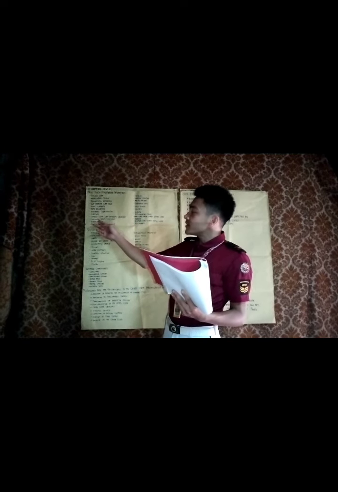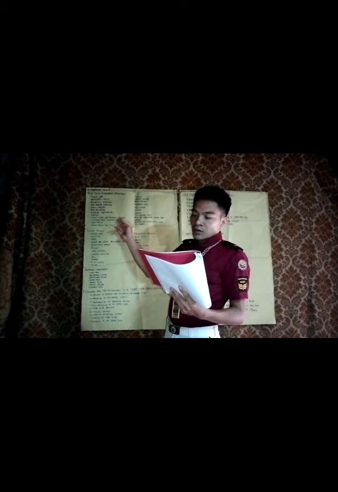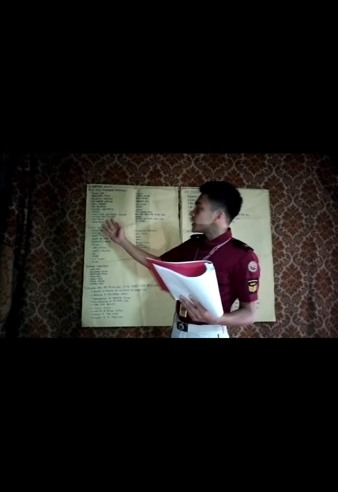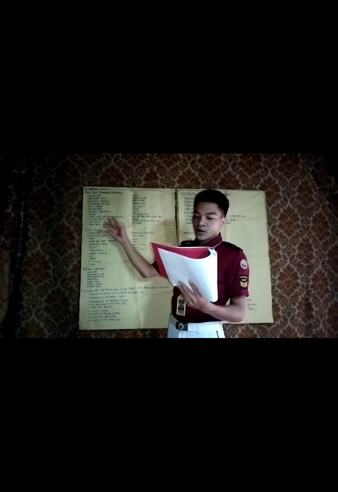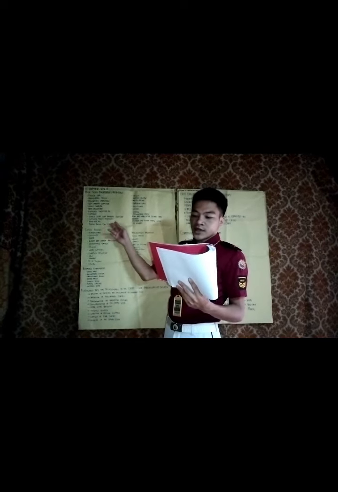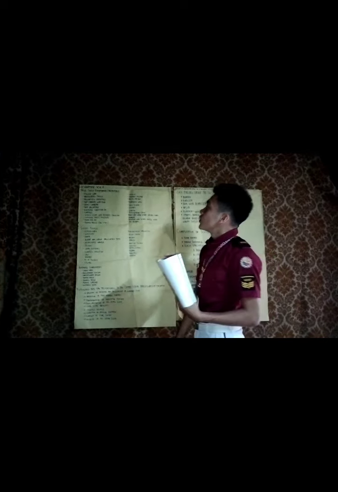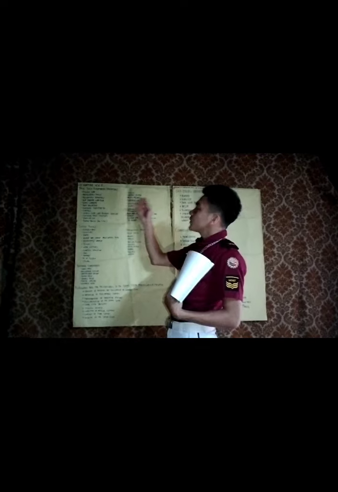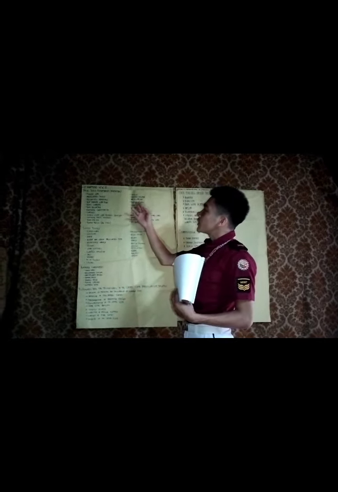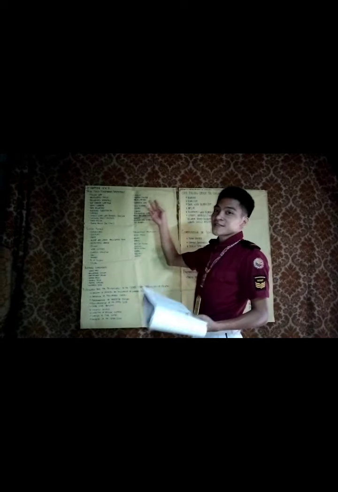Next are the evidence tags and markers, and next we have the first aid kit. Next we have paper bags, all sizes, and the stylus. Next we have the vernier caliper, the micrometer, and the paraffin wax.